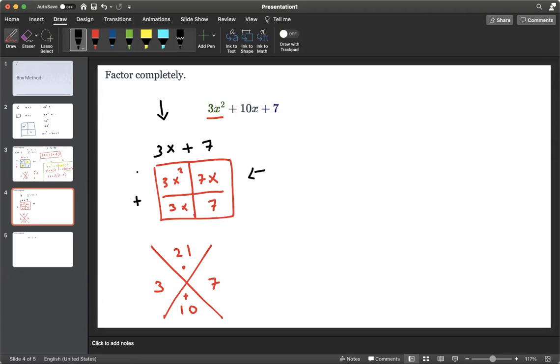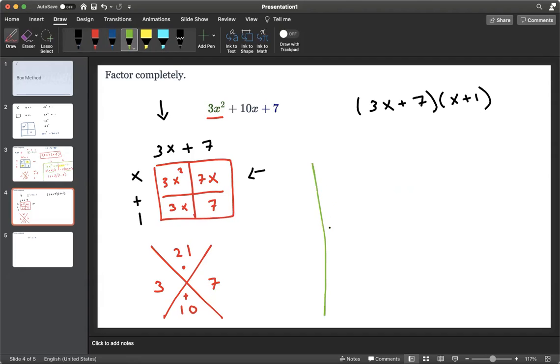My GCF is going to be x. My second row, 3x and 7 have nothing in common except for a 1. So this factor is going to be 3x plus 7 times x plus 1.